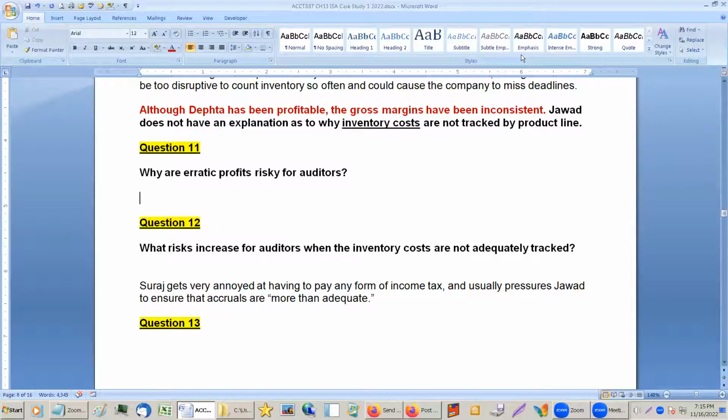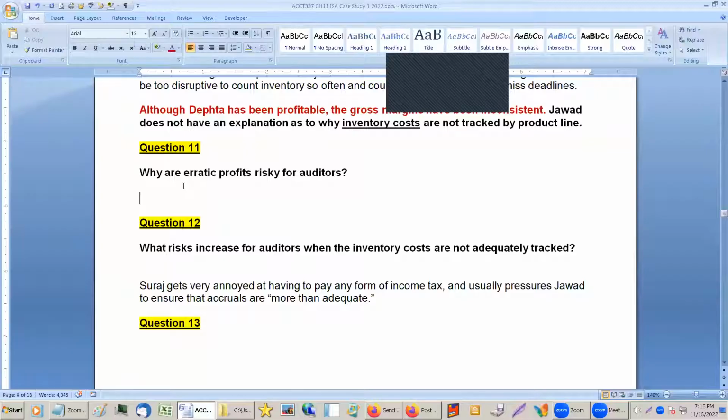The biggest thing it indicates is that the costs or revenues may not be adequately tracked. That's why you get these big swings. You don't have an accurate income, basically, when these financial statements come out.